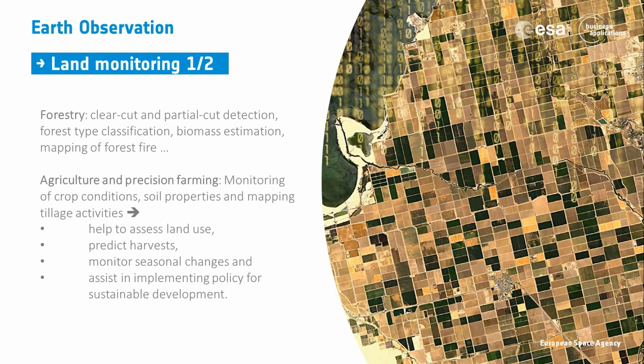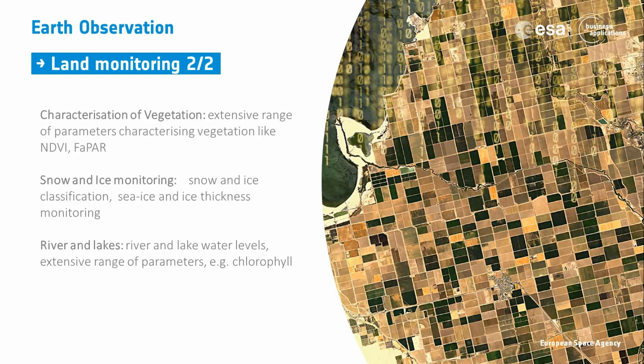If we go to agriculture and precision farming, which is one of the more obvious applications of Earth observation, you can monitor not only the kind of crops on the ground, but also the crop conditions and the soil properties. This can be used to help assess land use, to predict the harvest, to monitor seasonal changes, and to assist in implementing policies for sustainable development.